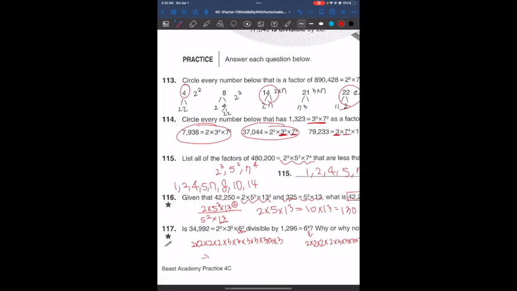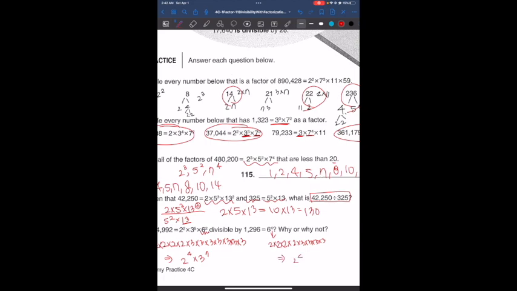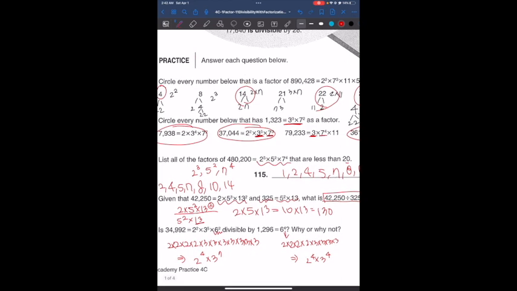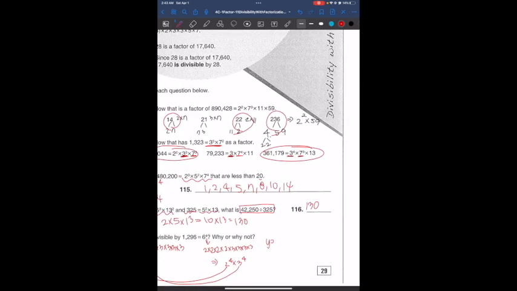And so that is going to give us 2 to the power of 4 times 3 to the power of 4. And so if you look, we have 2 to the power of 4, and we also have 3 to the power of 4 involved. So actually, it is divisible. So we're going to write yes, divisible.